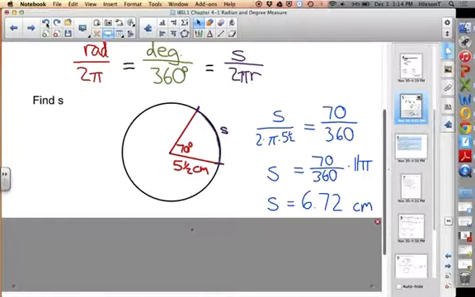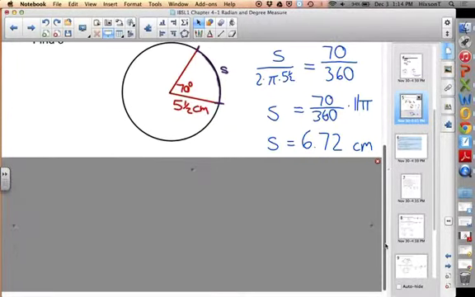Alright. Now, we can also figure things out like, what would the angle have to be in order for it to cover a certain arc?